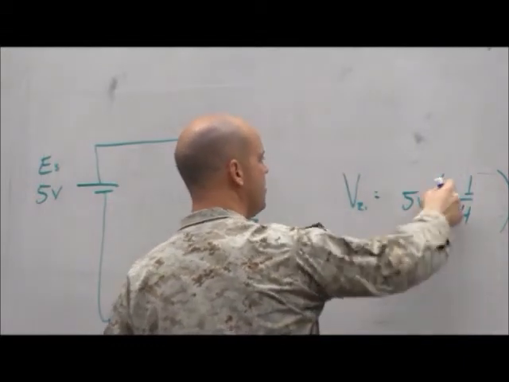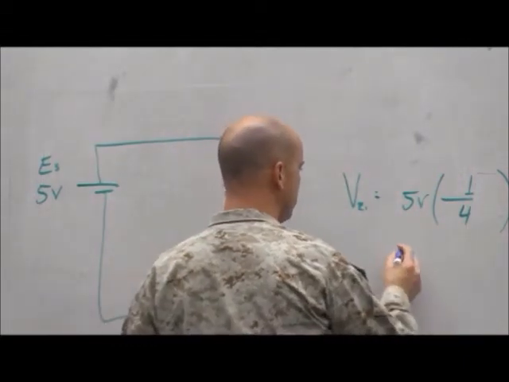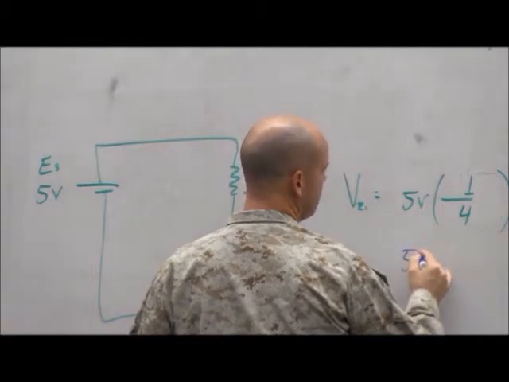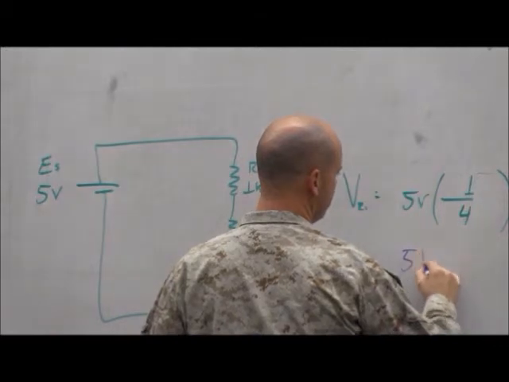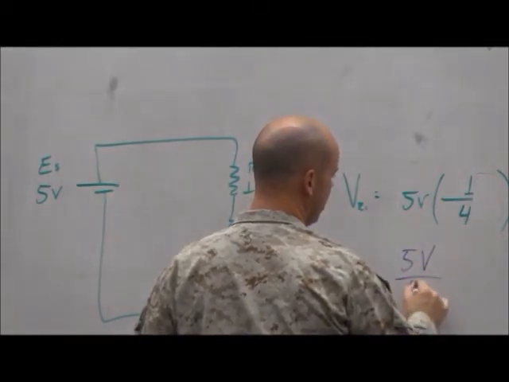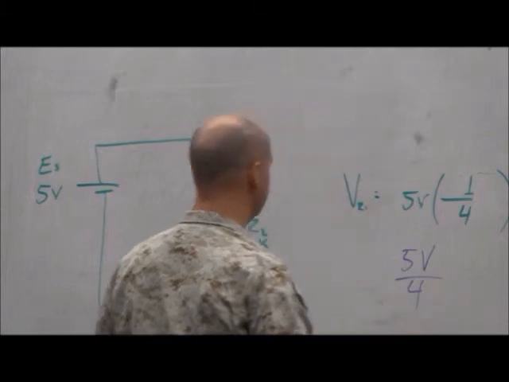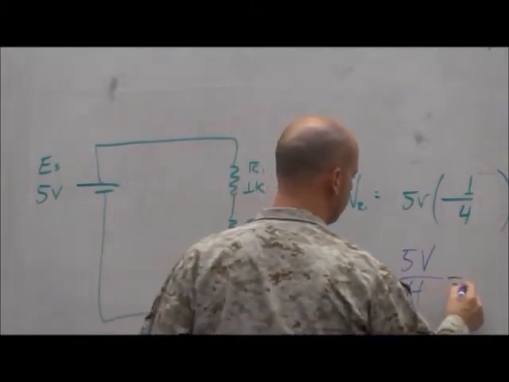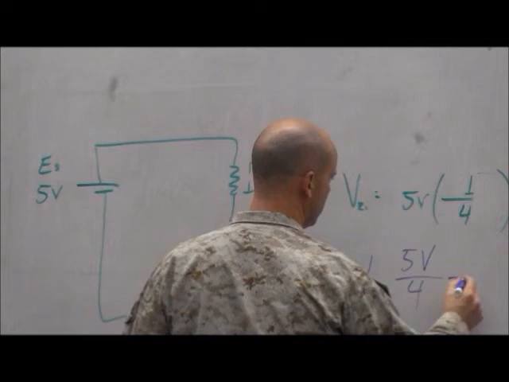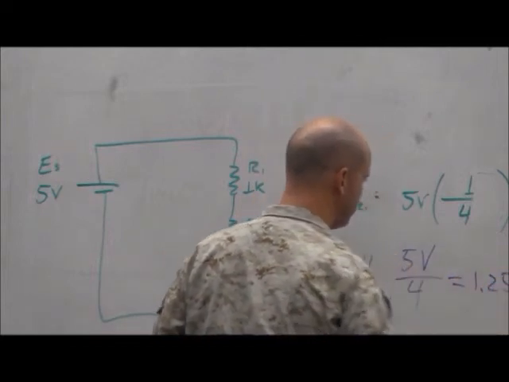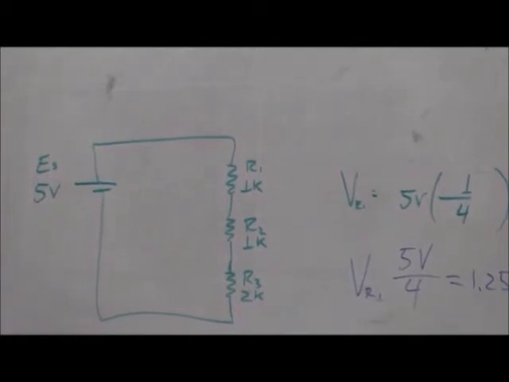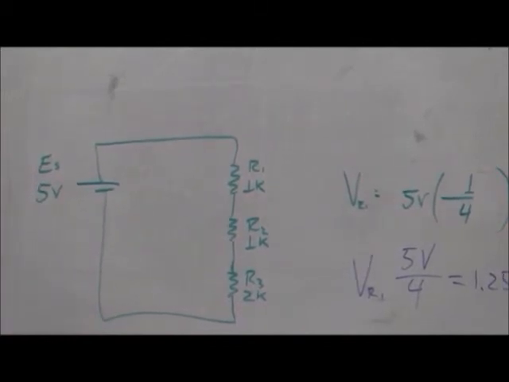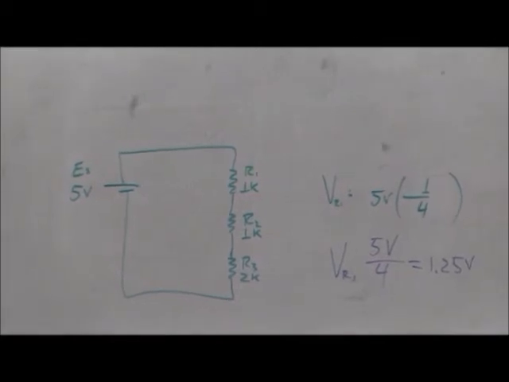Leaving me with 5 volts times 1, which is 5 volts, divided by 4. And what would that equal? 1.25 volts. So we found the usefulness of the voltage divider rule in finding a voltage drop without ever having to calculate what? Current. Any questions there?